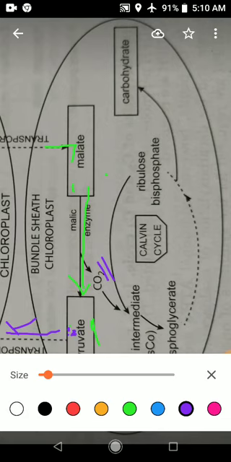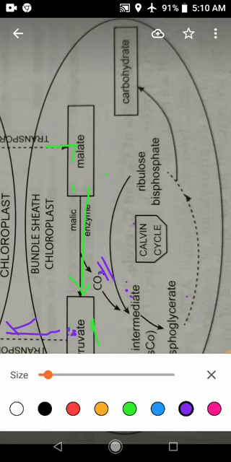Carbon dioxide, which is produced here, is released in the bundle sheath. This carbon dioxide enters the C3 cycle, the Calvin pathway. So it will come into the Calvin pathway and combine there.